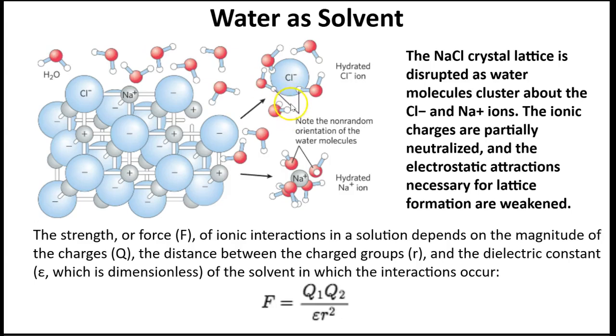The strength of this ionic interaction in a solution of water depends on the magnitude of the charges, depicted as Q, and the distance of the charge groups, depicted as R, and then the dielectric constant, which is a dimensionless number of the solvent in which the interaction is occurring, is this epsilon.